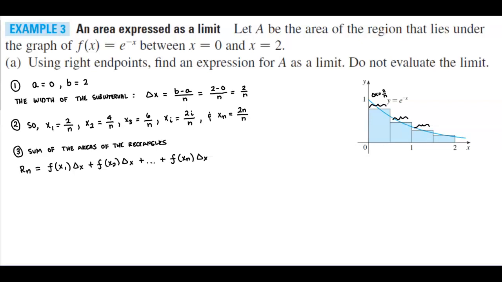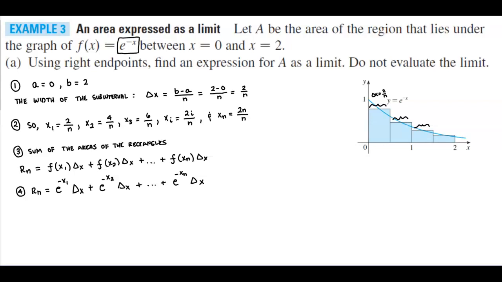So what does that mean here? Well, now we want to evaluate it at the function it's given, which is e to the negative x. So r subscript n is going to equal e to the power of negative x subscript 1 times delta x, plus e to the negative x subscript 2 times delta x, plus e to the negative x subscript n times delta x.